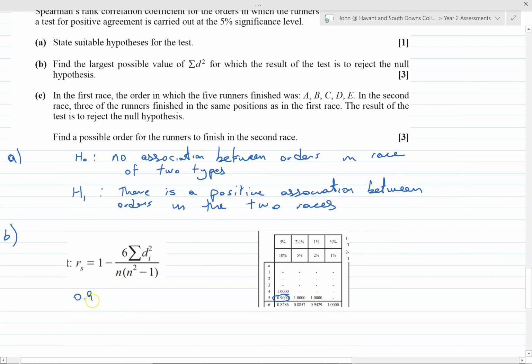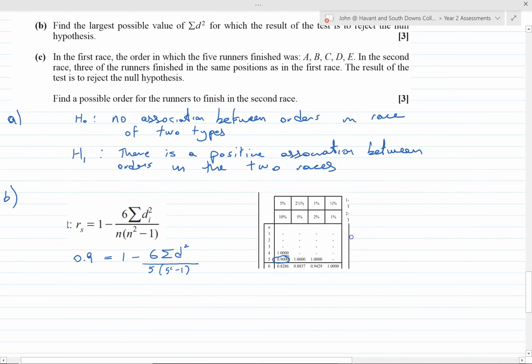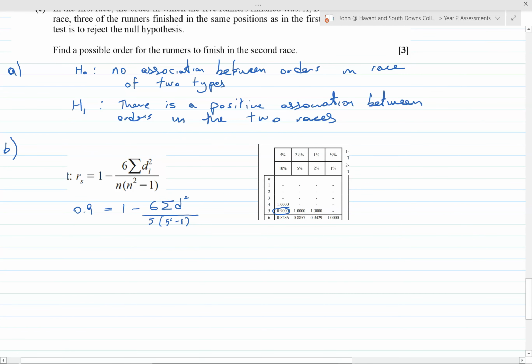So therefore, the smallest it can be to reject H0 is 0.9. And we know that n is 5, so that's 5 times 5 squared minus 1. Obviously that's not too difficult to work out.